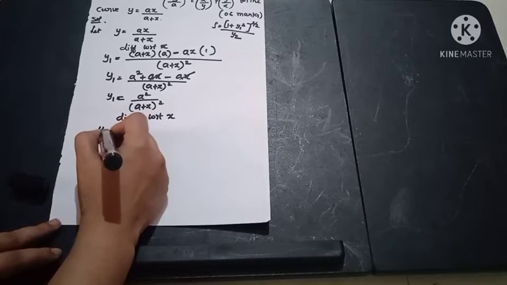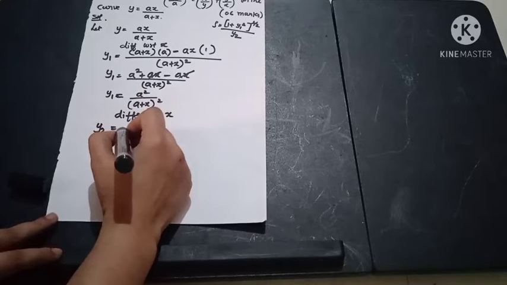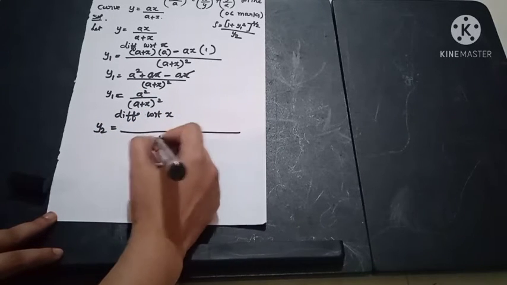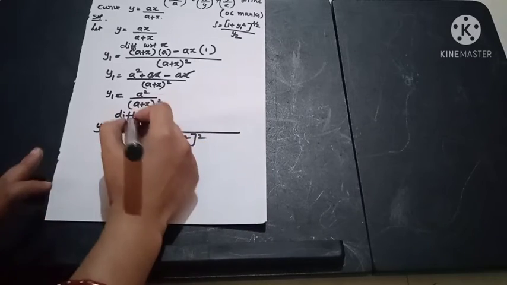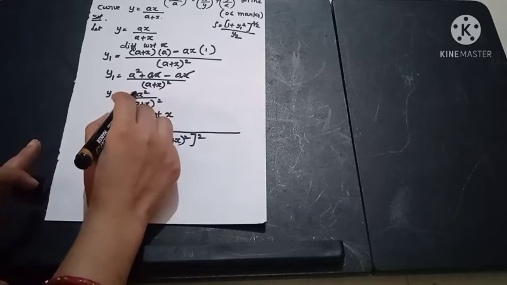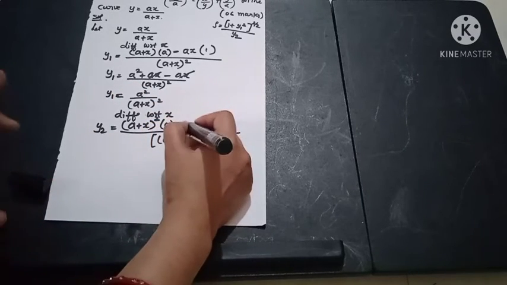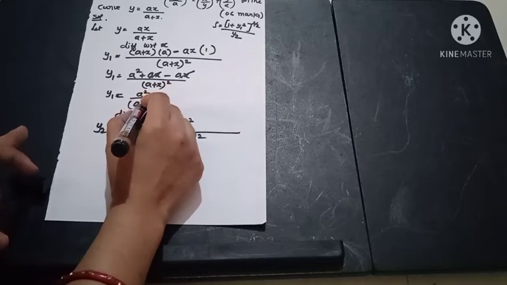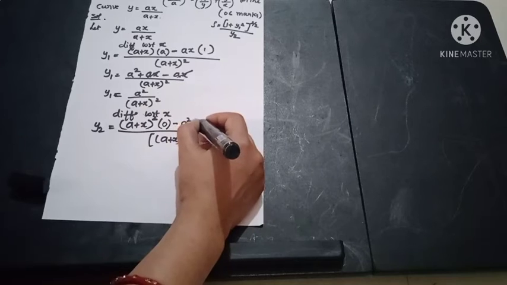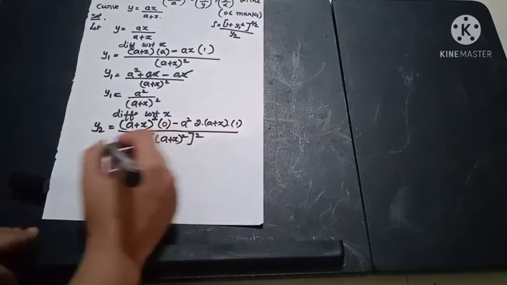What we get is y2 is equal to the denominator, we will square it, so a plus x whole square, again squared, into the derivative of the numerator, a square is a constant so it is 0, minus a square as it is, into the derivative of the denominator, which is 2 into a plus x, and again the derivative of a plus x is 1.